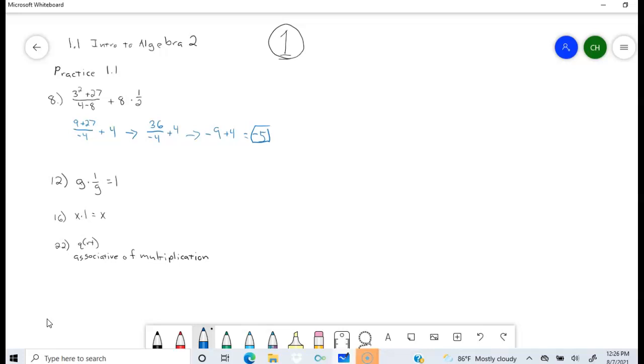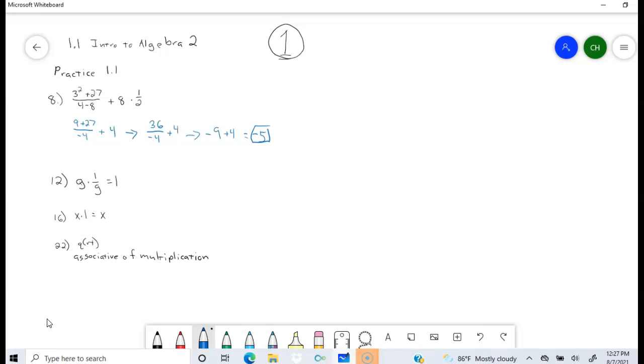Number 12, this one wants you to identify the algebraic property used to manipulate each expression. All of those are in that Quizlet. You'll also find them in the chapter. It's given us g times 1 over g equals 1. It wants to know one algebraic property that is using.